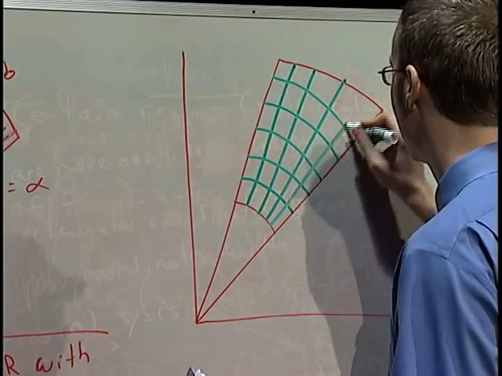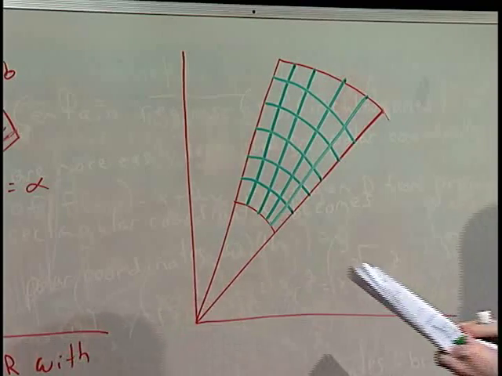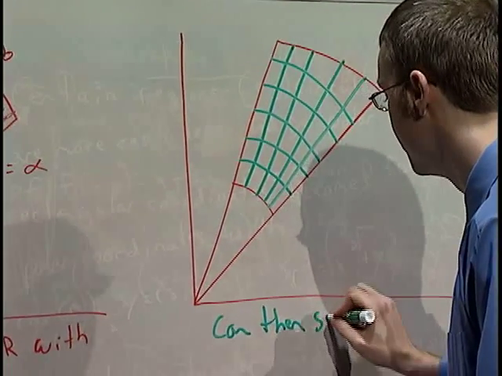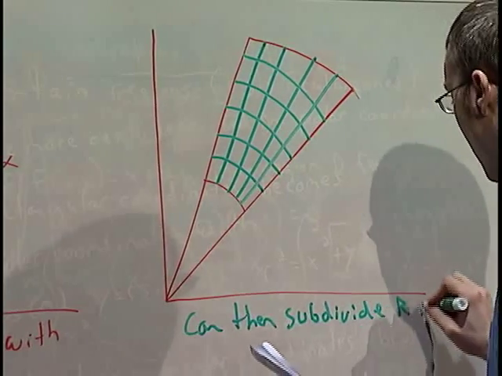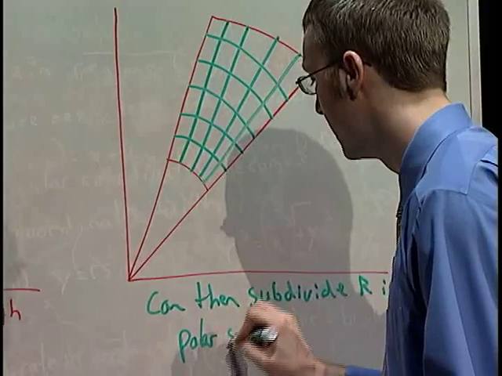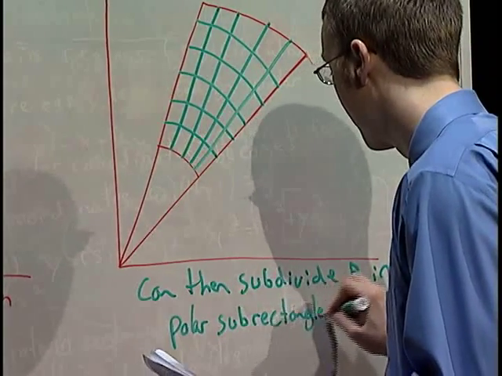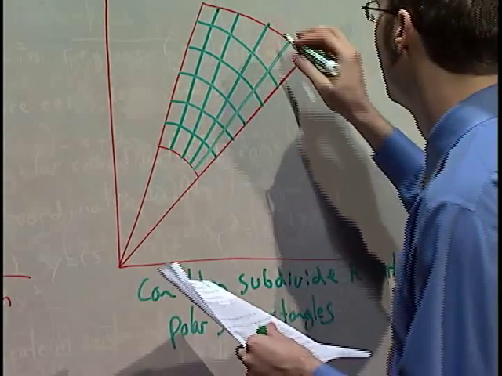Maybe we ought to have an extra line there. There we go. So we're going to break this thing up. We can then subdivide R into polar subrectangles.